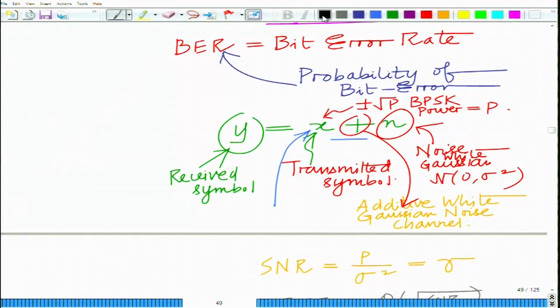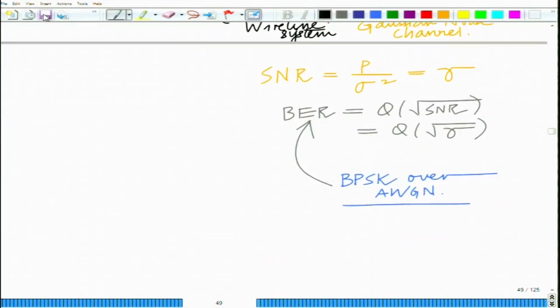So, this is a model for a conventional communication system, your wire line system.